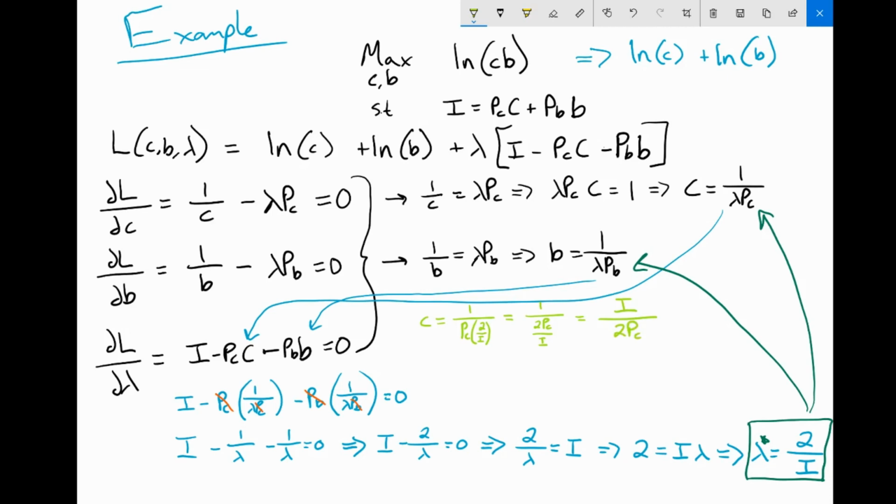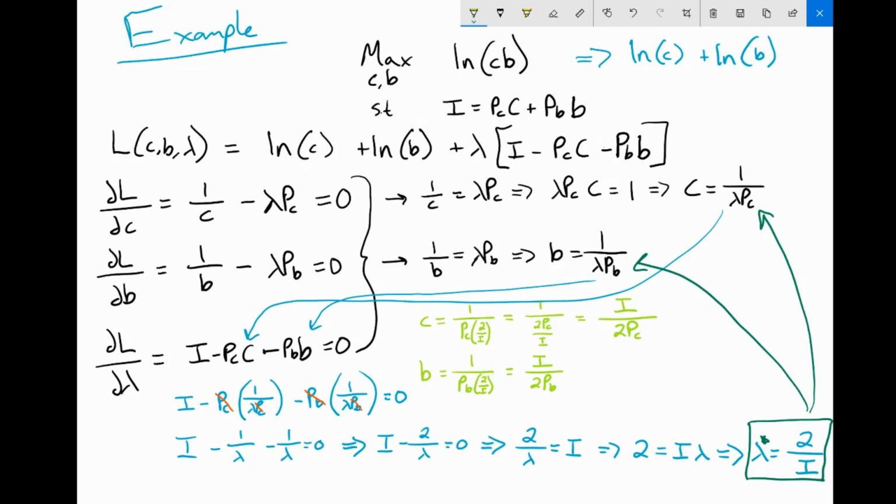Now I have C in terms of only parameters. That means I'm done. Let's do the same thing for B. 1 over PB times 2 over I. I can skip some steps this time. I go straight to I over 2PB.